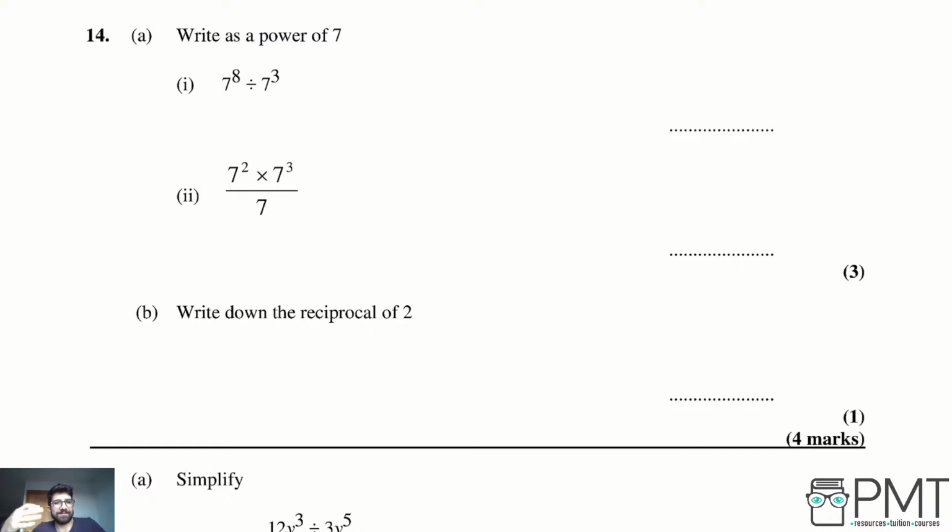But the idea is it doesn't matter. It still is the same base. So 7, it still works. So you need to apply the same rules. So this is gonna be 7 to the power of 8 minus 3. So 7 to the power of 5.